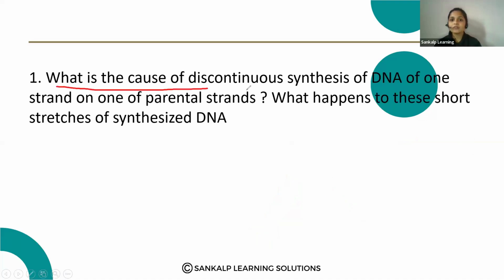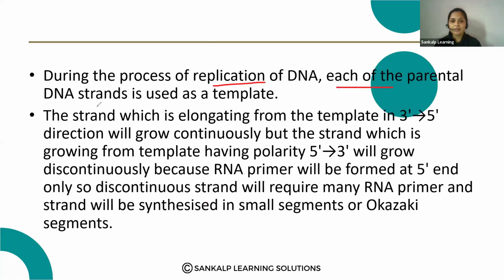What is the cause of discontinuous synthesis of the DNA of one strand of a parental strand? Here, during the process of replication of DNA, each of the parental DNA strands is used as a template. Both strands are used as a template.